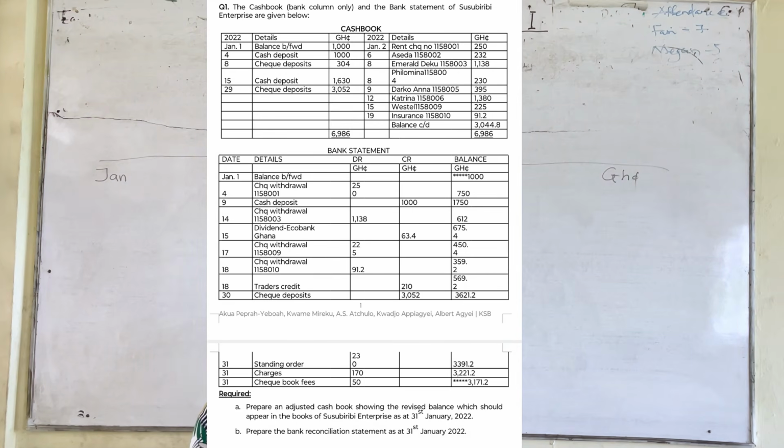Now this question says the requirement is we should prepare an adjusted cash book showing the revised balance which should appear in the books of Susubribe Enterprise as at 31st January 2022, and we should also prepare the bank reconciliation statements as at 31st January 2022.